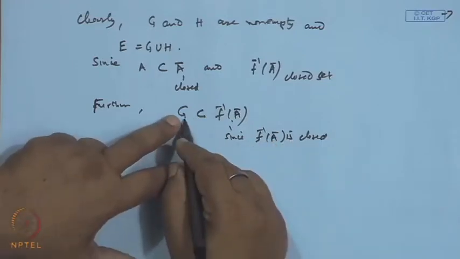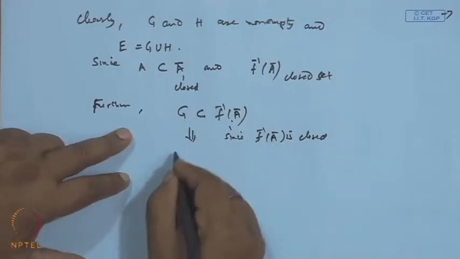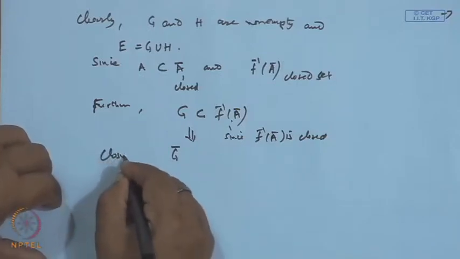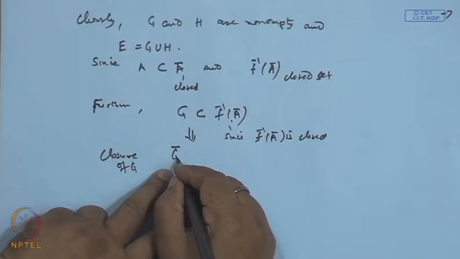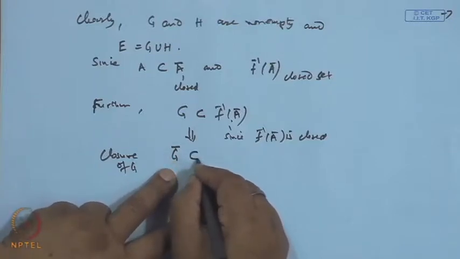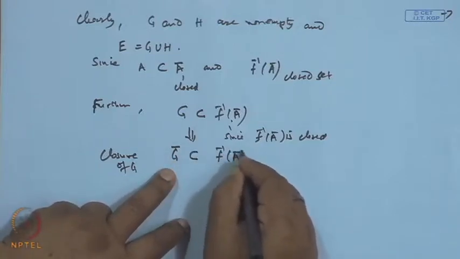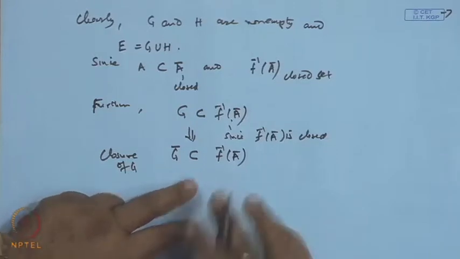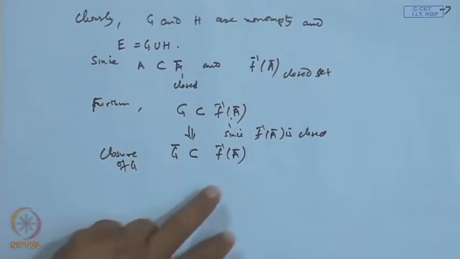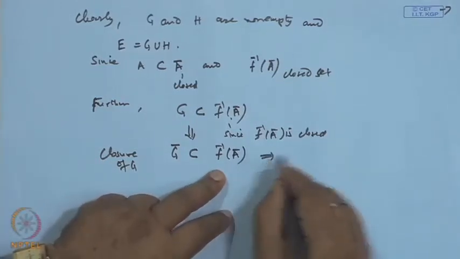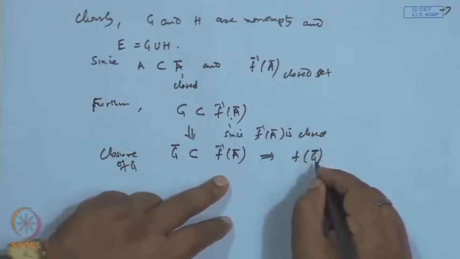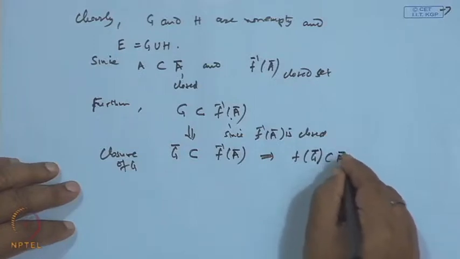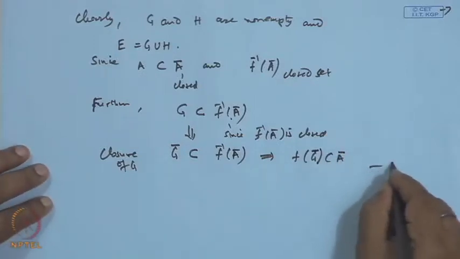So, if I take all the points of G including the limit points, the closure of G, it will also be contained inside it. It means f of G closure is contained in A closure. This is one thing, let it be 1.